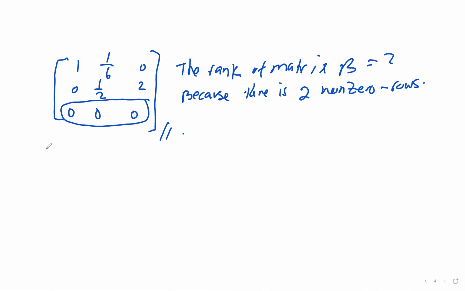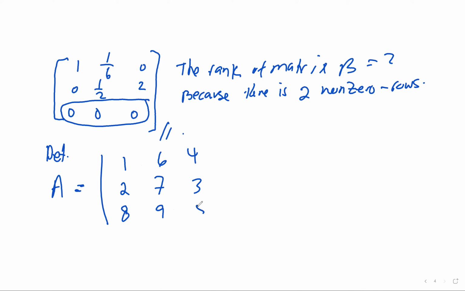So again, how to calculate the determinant. Let's say we have a 3 by 3 matrix: 1, 6, 4, then 2, 7, 3, and then 8, 9, and 5. So this is the matrix, 3 rows and 3 columns.